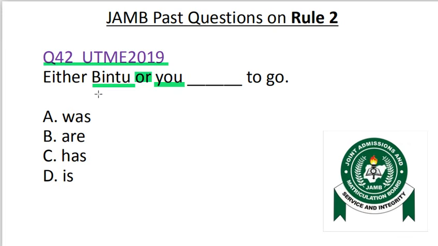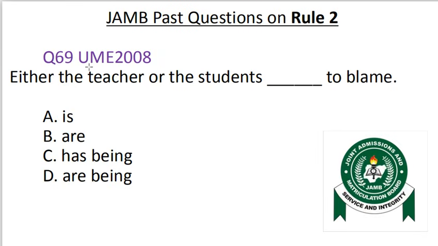In this case, we look at the subject that is closer to the verb, and that is you. Which verb agrees with you? That is option B. Either of them or you are to go. Option B.